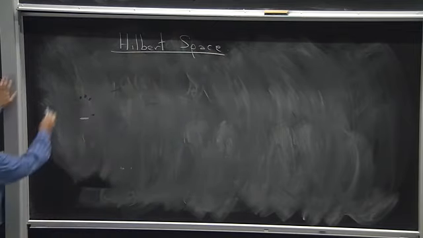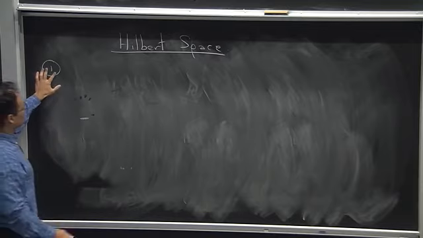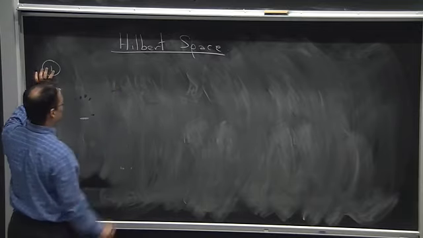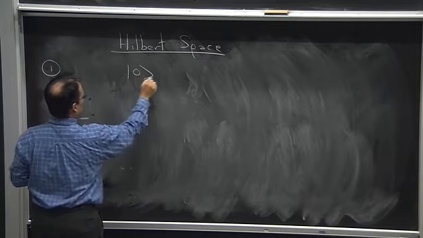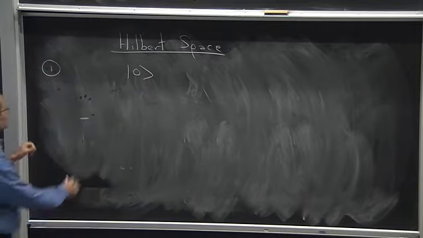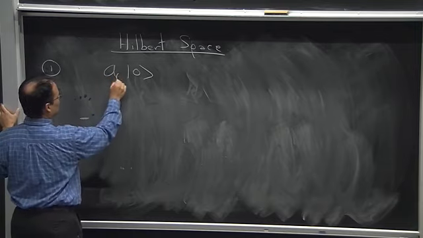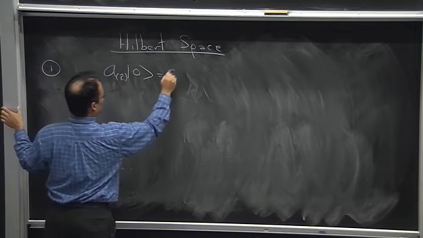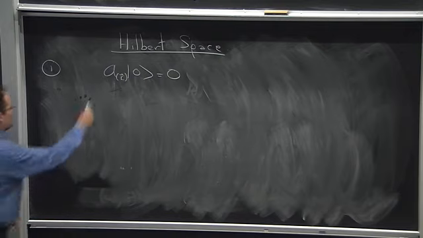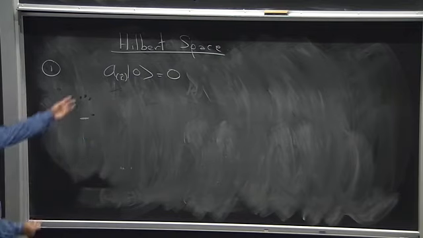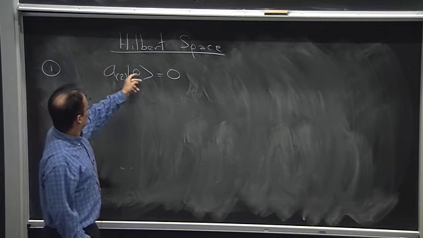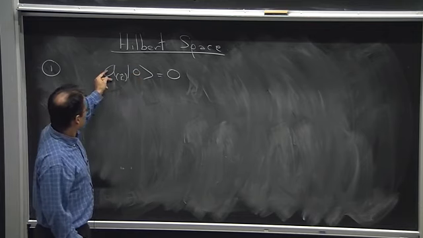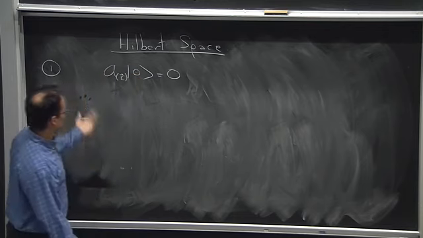Okay, so the first thing, we're going to go back to this for a second, but the first thing is that, of course, we can define a state which is a vacuum, and it's only natural to define it as a state that is annihilated by all the annihilation operators. So we declare these to be annihilation operators and define the vacuum as a state that is annihilated by all these.